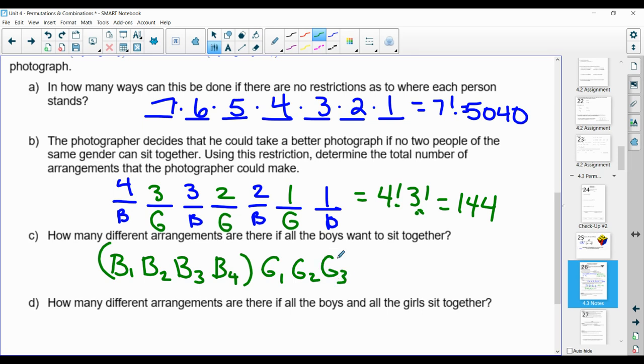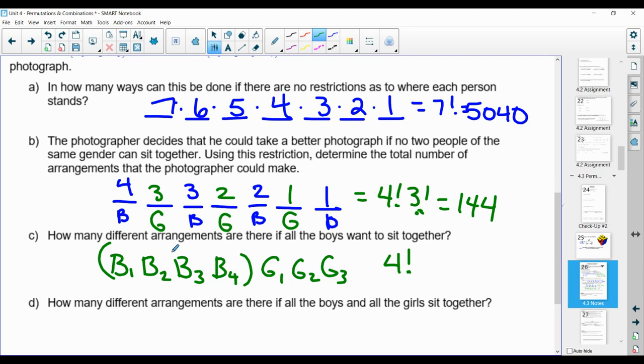Whenever we have these scenarios where people have to sit together, we group them into one group and count that as one group. So here we now have 1, 2, 3, 4 groups of people. That's going to be 4 factorial. But we also have to consider how many ways we can arrange those boys within that group, because we could have boy 2, boy 1, boy 4, boy 3, and so on.